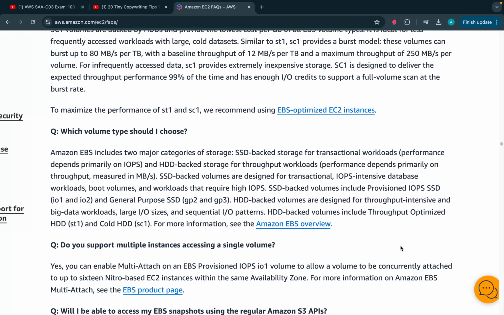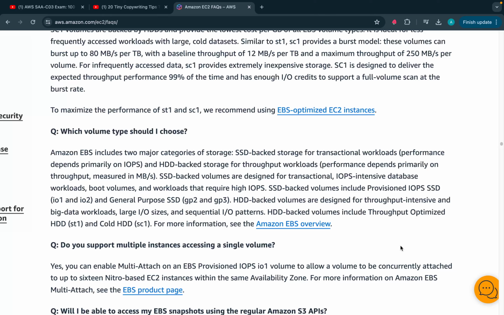Which volume type should I choose? Amazon EBS includes two major categories of storage: SSD backed storage for transactional workloads, where performance depends primarily on IOPS, and HDD backed storage for throughput workloads, where performance depends primarily on throughput measured in MB per second. SSD backed volumes are designed for transactional, IOPS intensive database workloads, boot volumes, and workloads that require high IOPS, which means input output per second.